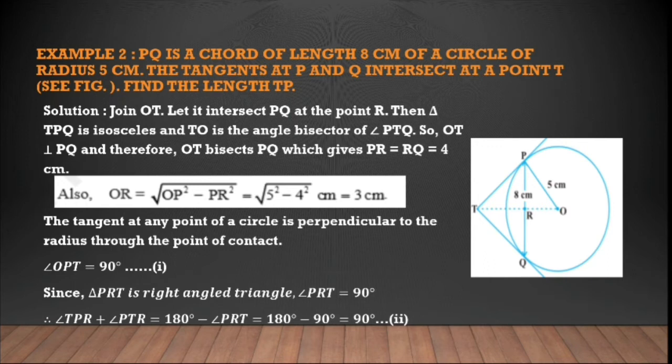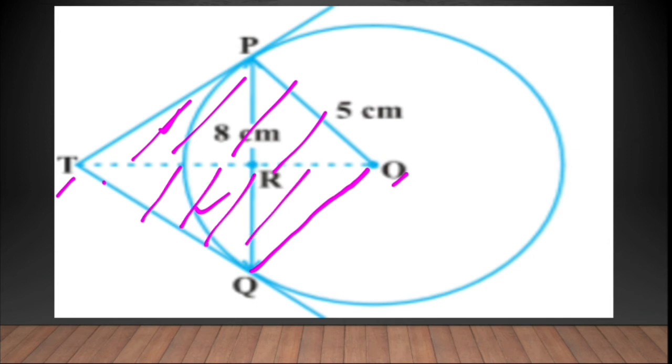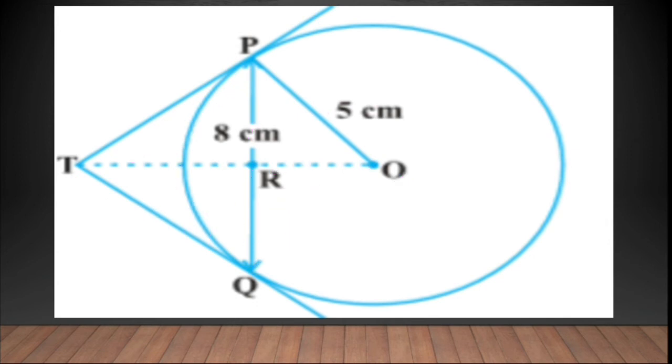Now I have to explain the next part, so I will change the slide. Look at this diagram. You have already joined the line segment OT. If you take triangle OPT and triangle OQT, these two triangles, you can see that this side is equal to this one because they are both radii.